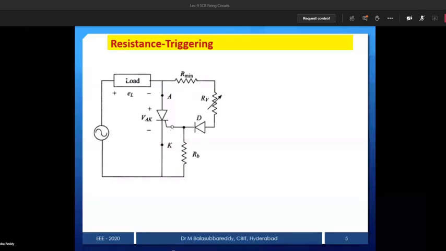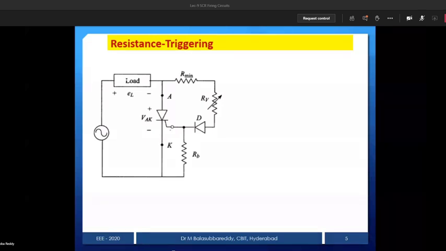For all cases I need Ig minimum, but I may want to fire at 30 degrees, so Ig minimum has to be reached at 30 degrees, or I want to fire the device at 90 degrees, so Ig minimum has to be reached at 90 degrees.